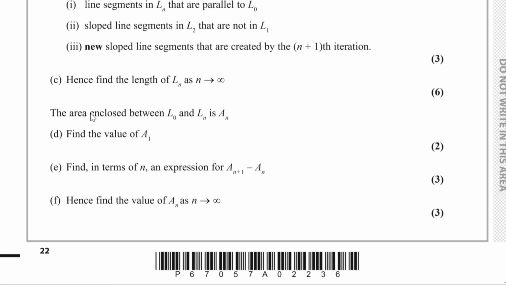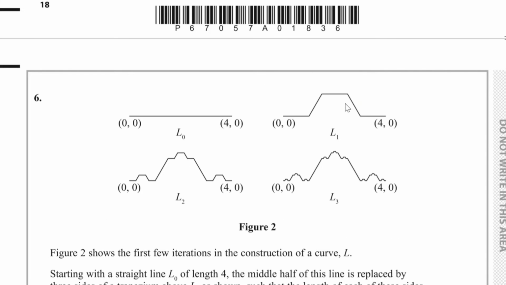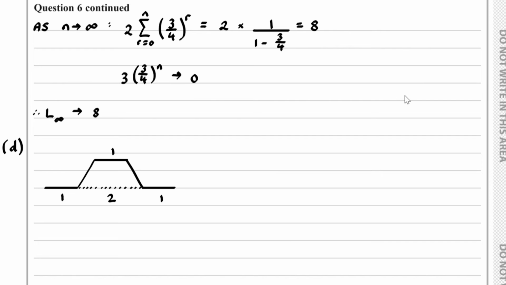Now for the next part, the area enclosed between L0 and Ln is An. We have to find the value of A1. So we want to find out the area of this trapezium over here. We've got lengths 1, 1 and 1 here. And if this total length is 4, then 4 subtract this one and this one is 2. And you can imagine us having some sort of symmetry about this line, which makes this a hexagon.